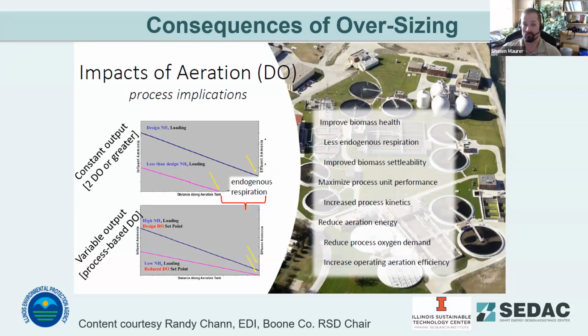You're maximizing the performance of that process unit, both in aeration energy and use of the entire volume of the basin. You're increasing the process kinetics, so you're getting better processing capacity out of that basin. Again, you're reducing that aeration energy by reducing your process oxygen demand and improving the operating efficiency of that aeration equipment.